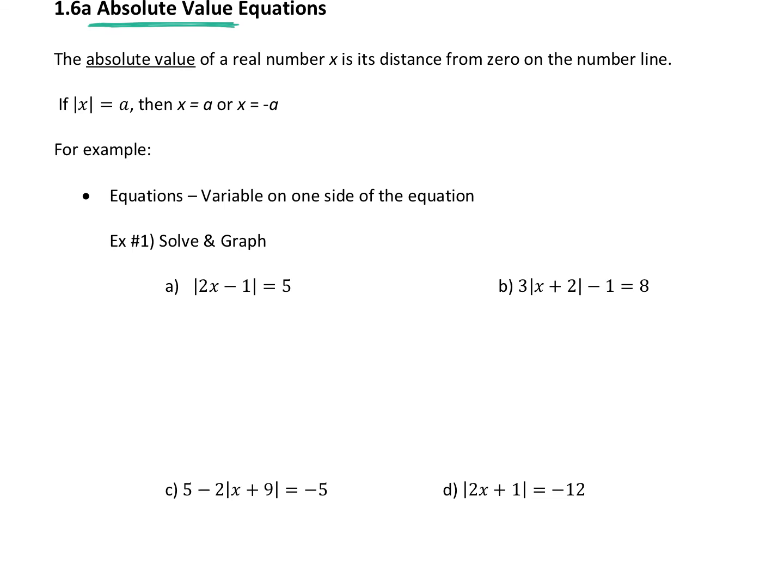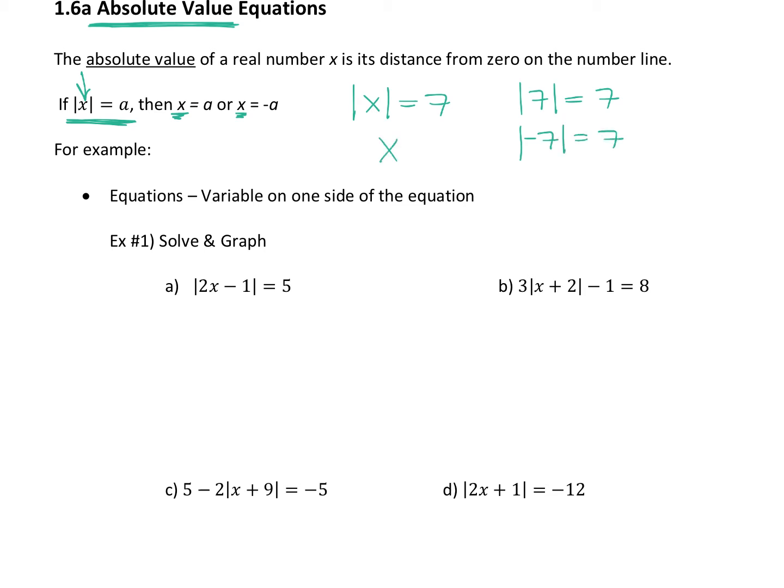So if I have the absolute value of x equals a, then this value of x could either be what's in here, a positive number or a negative number, because it's going to become positive either way, okay? So it's like saying if I said the absolute value of x is 7, that's the same as the absolute value of 7 is 7, or the absolute value of negative 7 is 7.